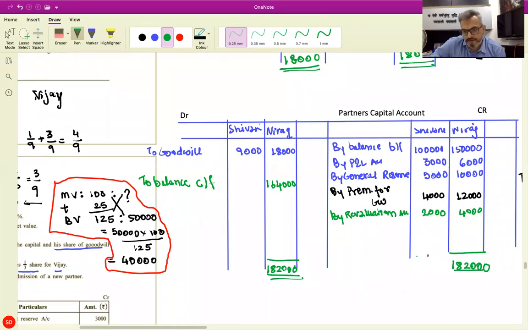Let's balance Shivani. So total karo: 1 lakh plus 30,000 plus 1 lakh plus 3,000 plus 5,000 plus 4,000 plus 2,000. So 1 lakh 14,000. Same thing we write on the debit side.